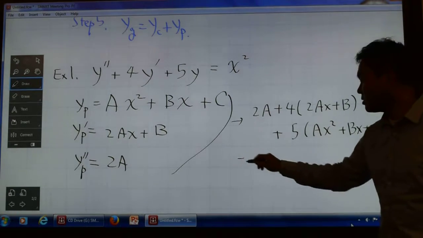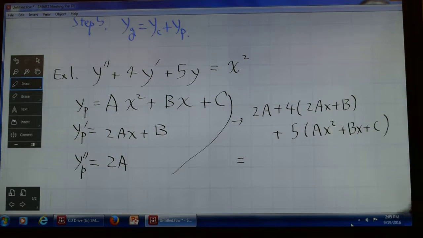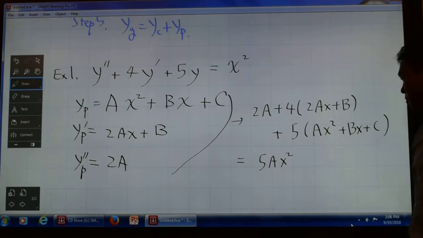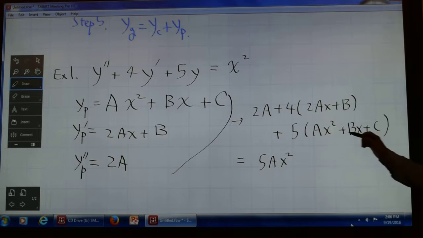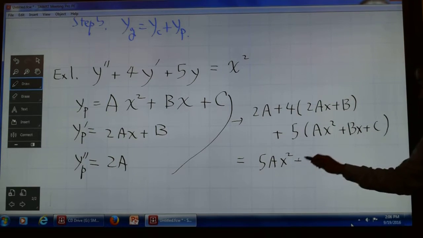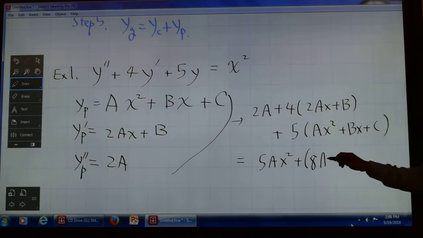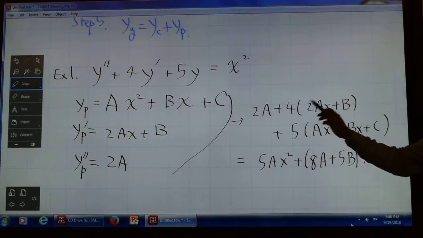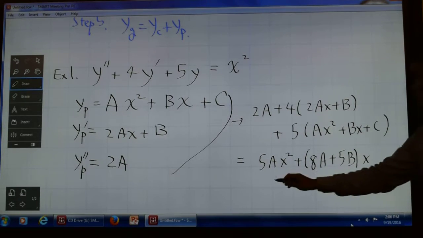Let's collect the terms. This is 5ax squared, that's the highest order term. For the x, you have 5b but also 8 times a, so 8a plus 5b. And then 2a plus 4b plus 5c. That's the constant term.